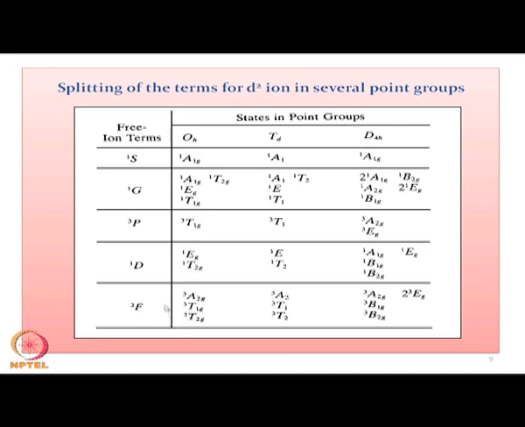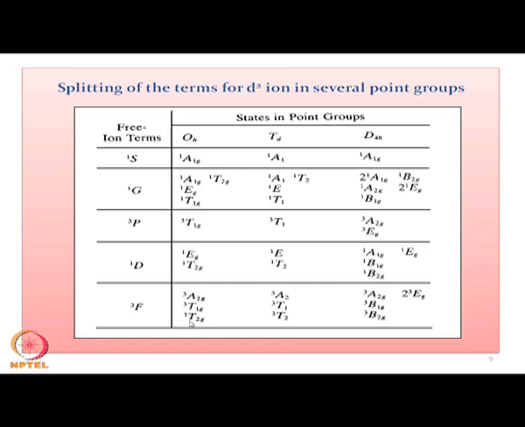So, when this 3F level is placed inside an octahedral field, the 3F level will be split into 3A2g, 3T1g and 3T2g levels. And these levels are important for the corresponding transitions.